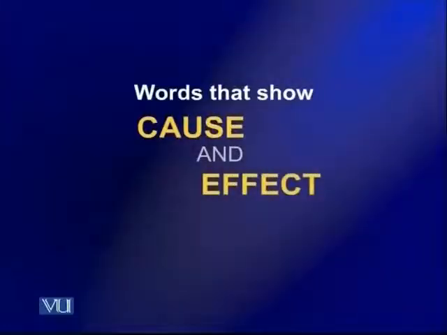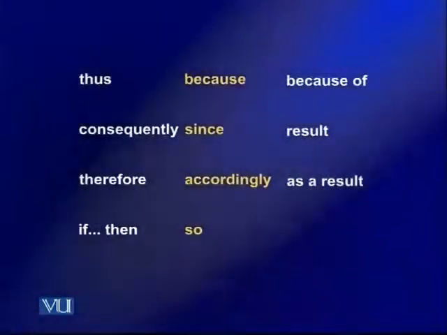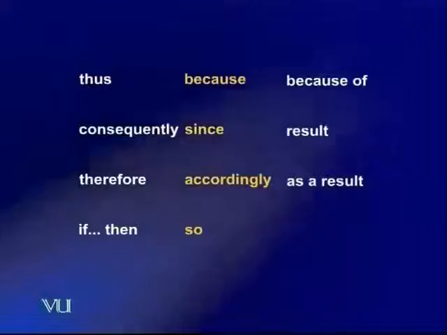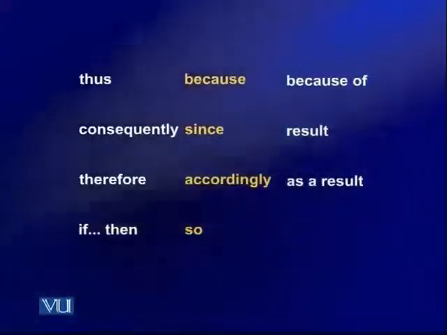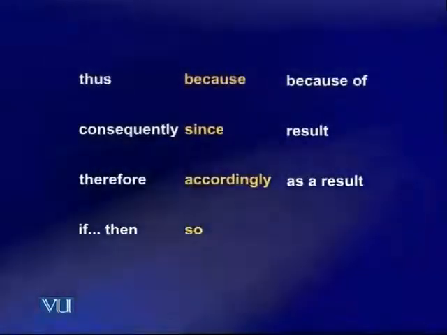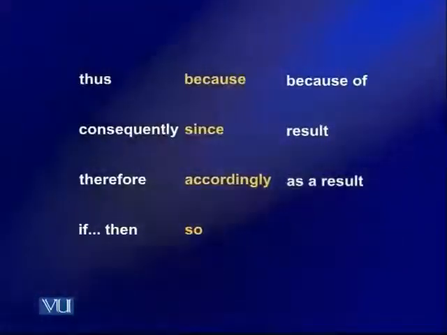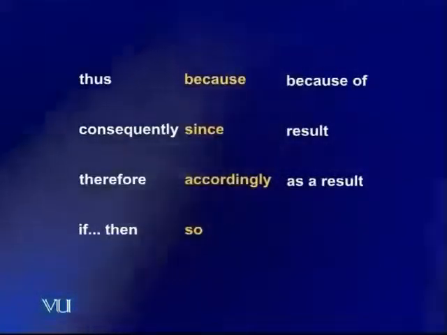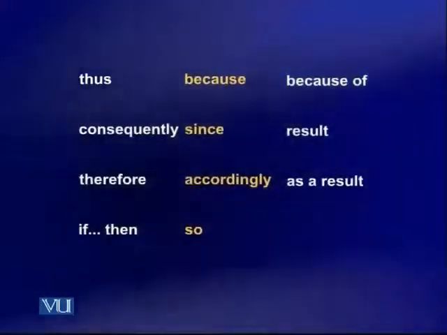Now let us look at another link word. The link words in number 5, they all show cause and effect. These are words like thus, consequently, therefore, if... then, because, since, accordingly, so, because of, result, as a result.